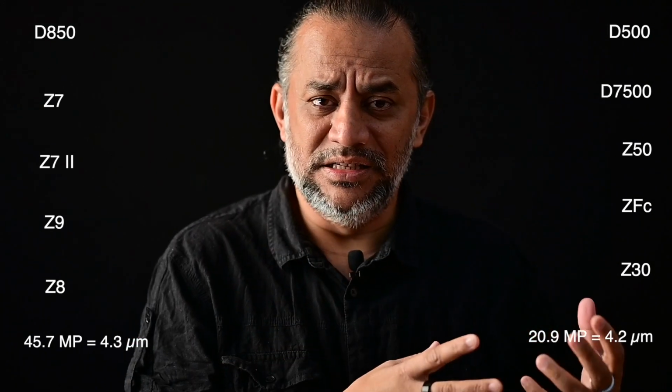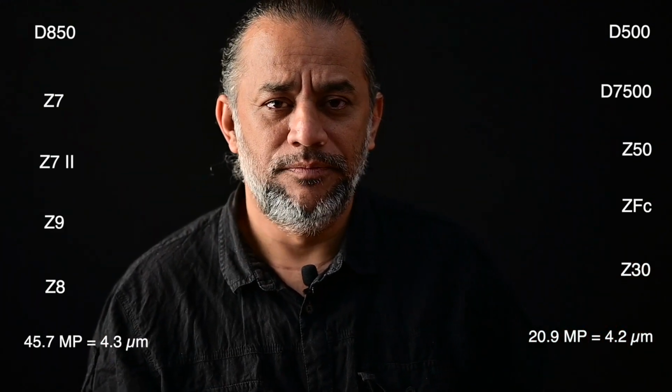So ZFC is basically a retro style camera, looks like FM2 from the old days of Nikon, but it was all electronics inside, all mirrorless technology built in. So ZFC was a fashion iconic camera which you can carry around, take photos, and be part of the culture. So ZFC was targeting that.